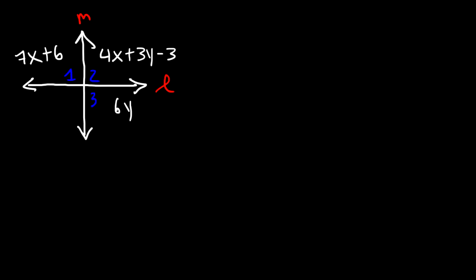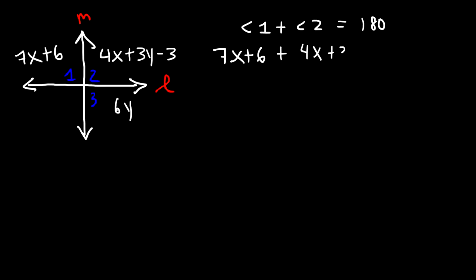Now, it's clear for us to see that angles 1 and 2 form a linear pair, and 2 and 3 form a linear pair. So let's focus on 1 and 2. So angle 1 plus angle 2 adds up to 180. So angle 1 is 7x plus 6, and angle 2 is 4x plus 3y minus 3. So that has to add up to 180.